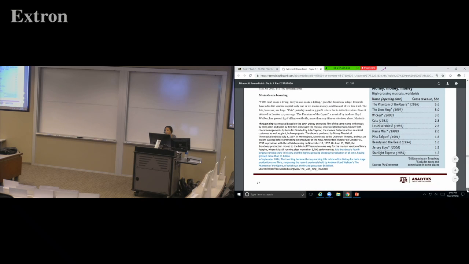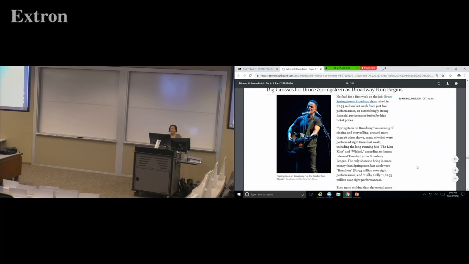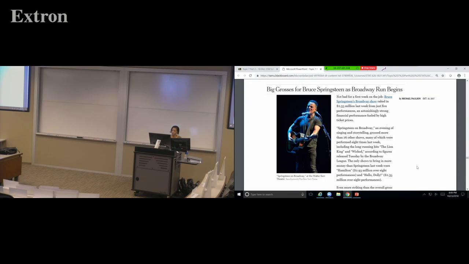What happened in New York, sort of an idea, is Bruce Springsteen came out with Bruce Springsteen's Broadway show, and it raked in $2.33 million in 1 week from just 5 performances. Most Broadway shows do 8 performances a week.